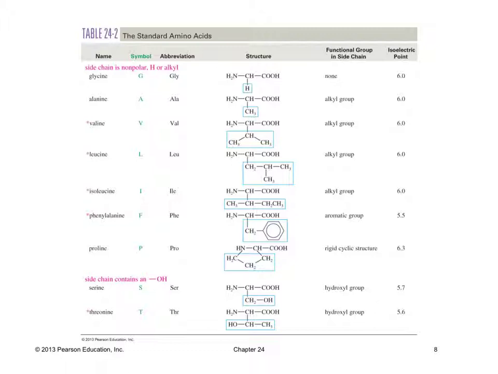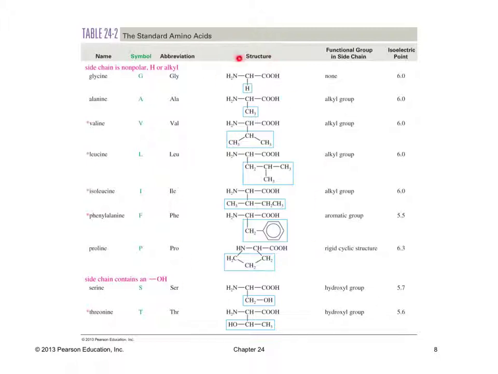In terms of the amino acids and their side chains, in detail in your book there's table 24-2, which not only gives the amino acids and their properties, it also gives the name, the single-letter symbol, and the abbreviation, which you should all know, as well as the structure.